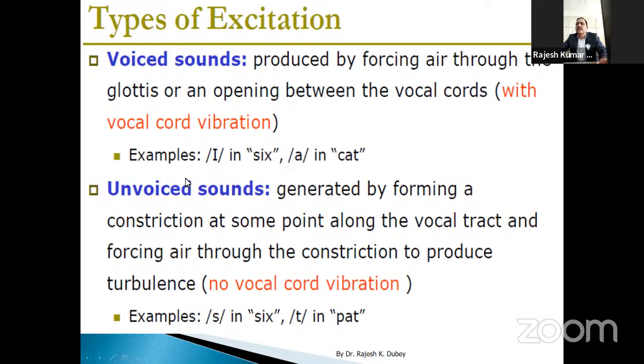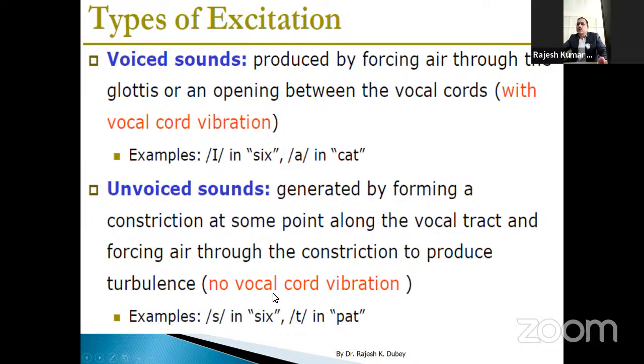And unvoiced sound is low magnitude and noisy. It is generated by forming a constriction at some point along the vocal tract and forcing air through the constriction to produce turbulence. That's why some noisy sound comes, like sa, za, cha.